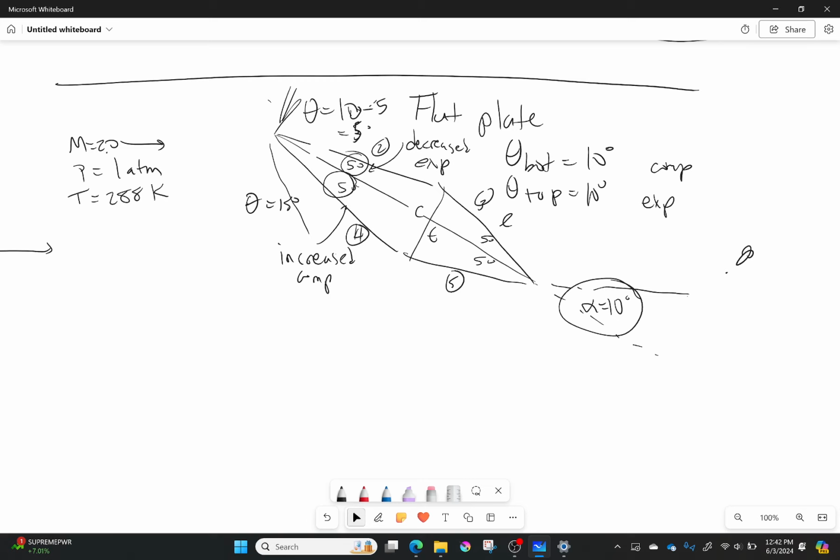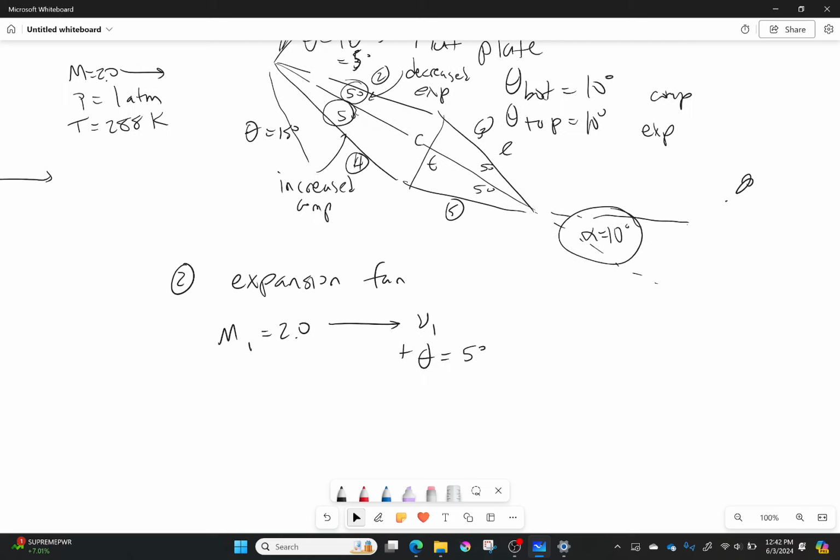Okay, so now for section 2. First off, section 2 is an expansion fan. So I'm going to use M1, which is equal to 2.0. I'm going to then add my deflection angle, which in this case is 5 degrees, because that's equal to my angle of attack minus the half angle. 10 minus 5 equals 5.